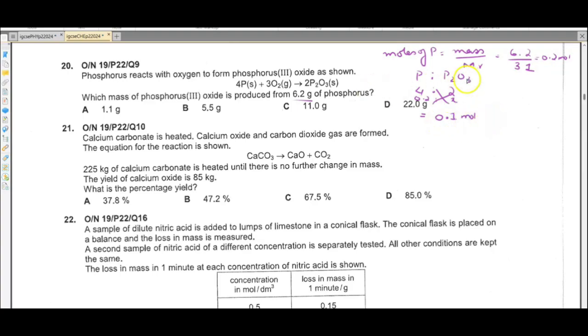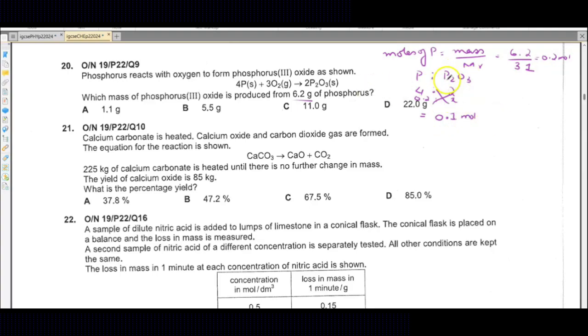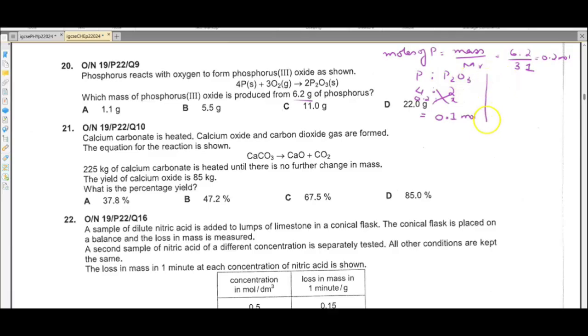So now we have the moles of phosphorus 3 oxide. So we can easily find its mass by our same old formula. Mole is equal to mass over Mr. So moles are 0.1, mass we need to find, and Mr for phosphorus oxide is 110.